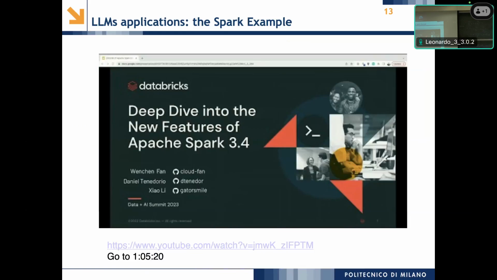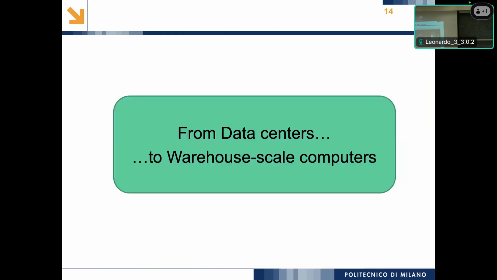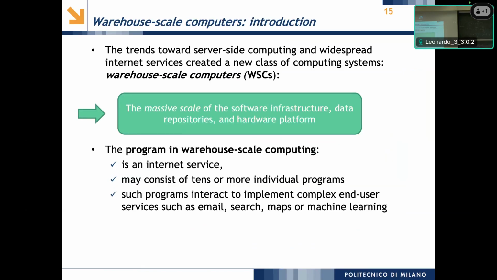Okay, this is a video of what's available on Spark. And so if we look at the evolution, we started with small data centers. Okay, we'll see the characteristics of small data centers. And if we look at the last decade, what happened is we moved from data centers to warehouse scale computers, warehouse scale data centers. What does it mean?